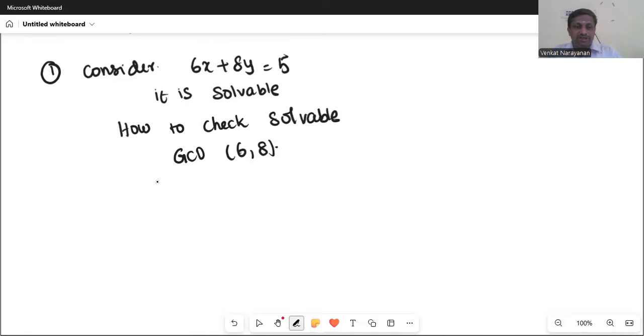Now, what is the GCD of 6 and 8? It is 2. Clearly, we understand. For example, 8 can be written as 1 times 6 plus 2. 6 can be written as 3 times 2 plus 0. So from this we understand the GCD is 2.